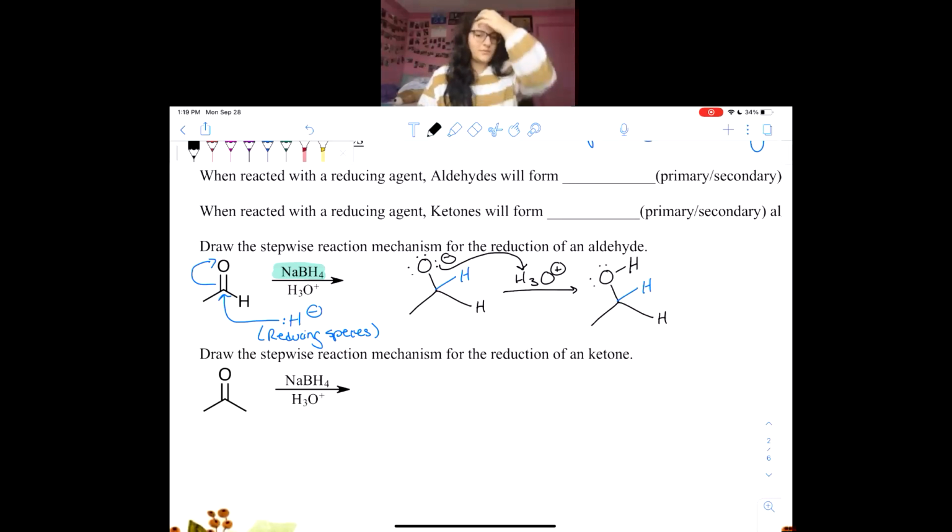And someone please remind me, is this a primary, secondary, or tertiary alcohol? Cool, everyone said primary, and that is absolutely correct. And that is because this carbon is only attached to one other carbon.